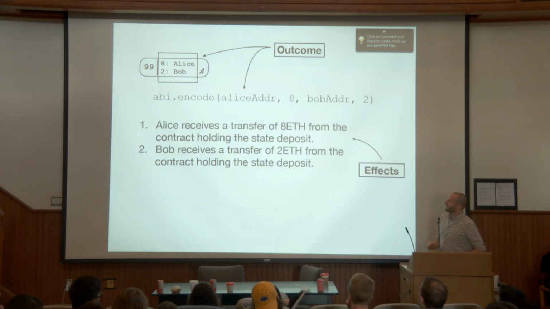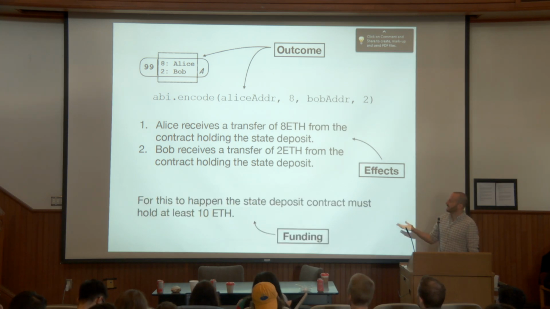The intended effect from this is that Alice receives a transfer of 8 from the contract holding the state deposit, and Bob receives a transfer of 2. These are the things that should happen on chain from this outcome. And for the funding, for this to happen, the state deposit contract must hold at least 10 ETH.